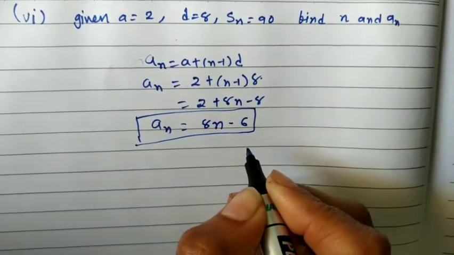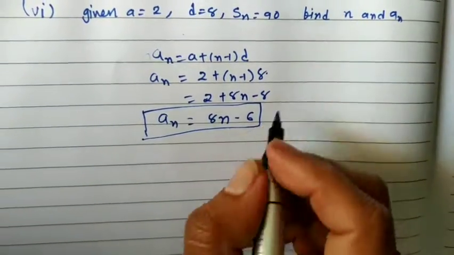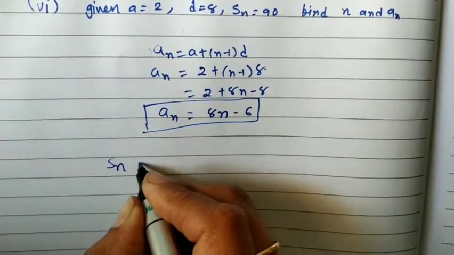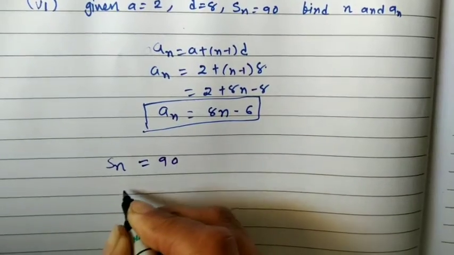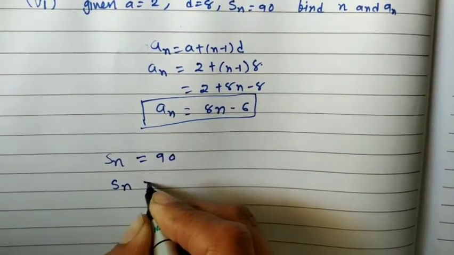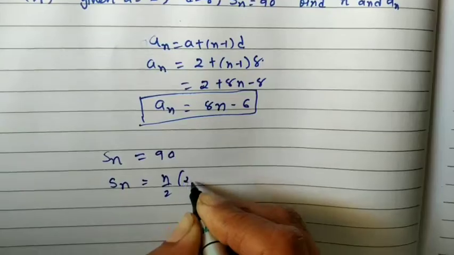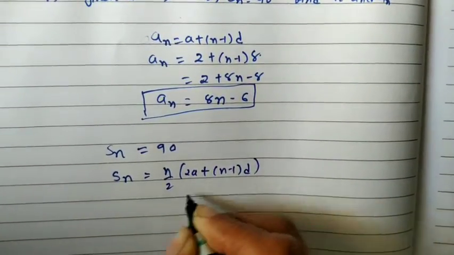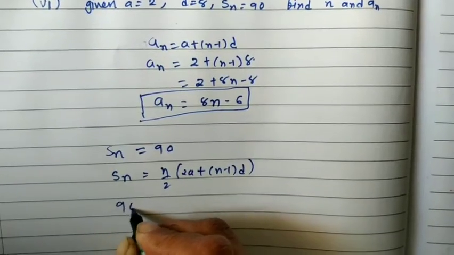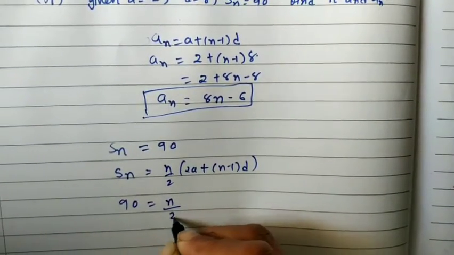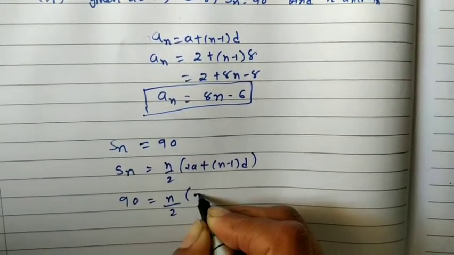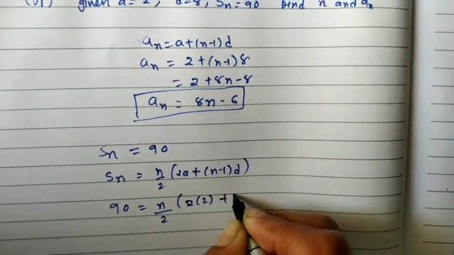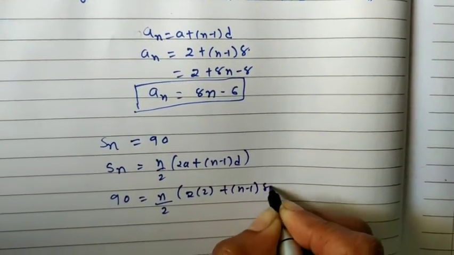Okay. Now what we have to find is n. So what we can do, we can write Sn is equal to 90. So we will write the equation: Sn is equal to n by 2 into 2a plus n minus 1 into d. In that, n we are not having, so here we will write 90. Here n by 2 into 2 into 2 plus n minus 1 and difference of 8.